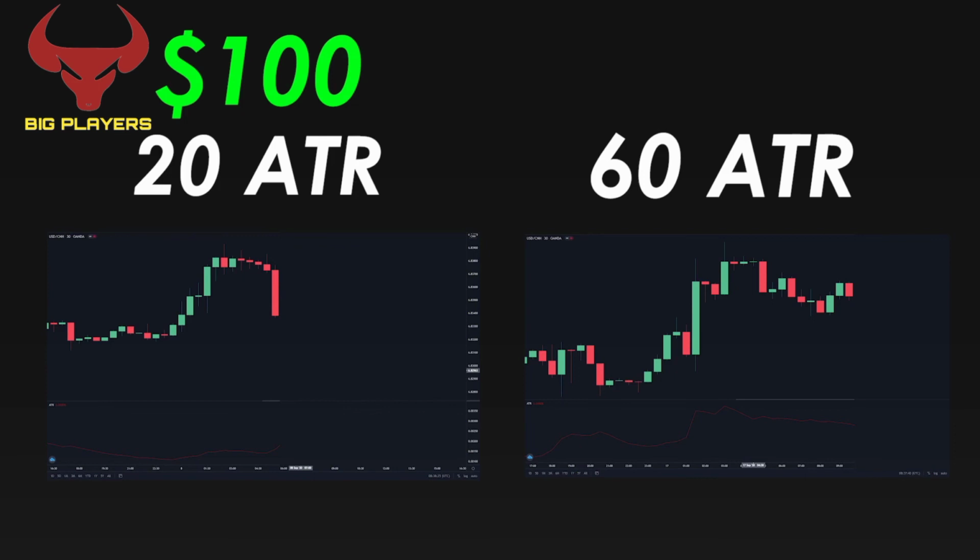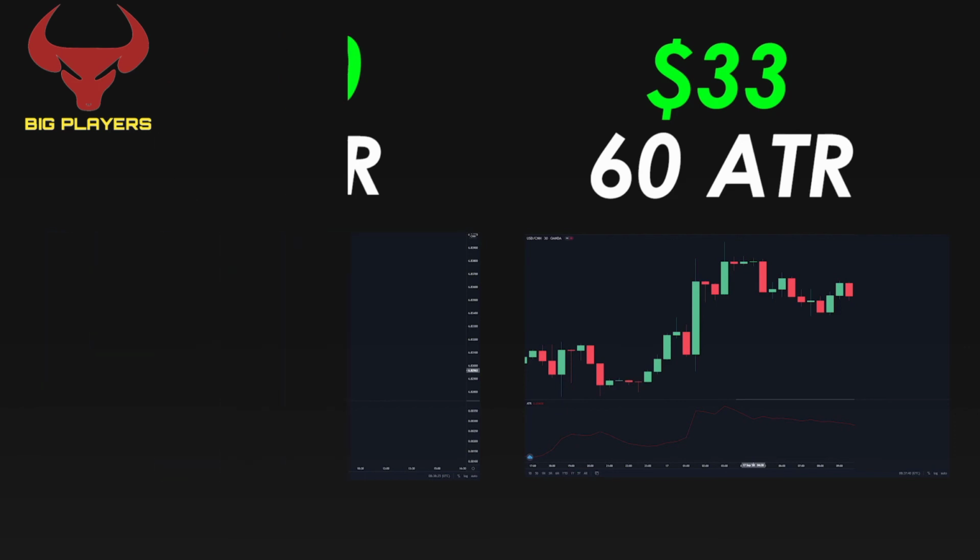So in this case, you would only put $33 on a market that has 60 ATR. And you don't have to worry about getting little profits. Because remember, the market is 3 times more volatile, so it has a higher chance of making bigger movements. So even with less capital, you'll still get decent amounts of profits.